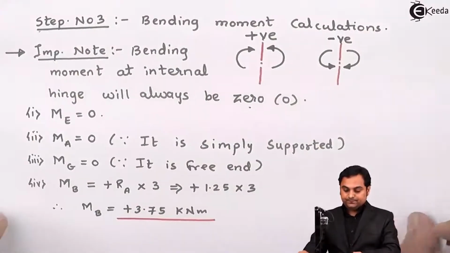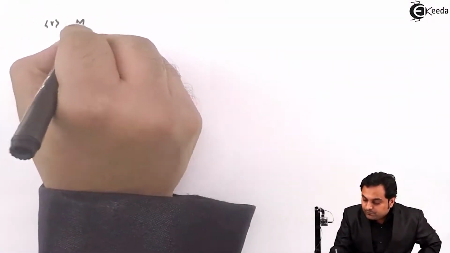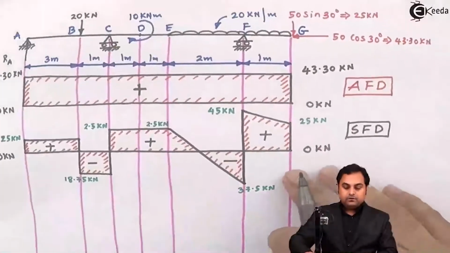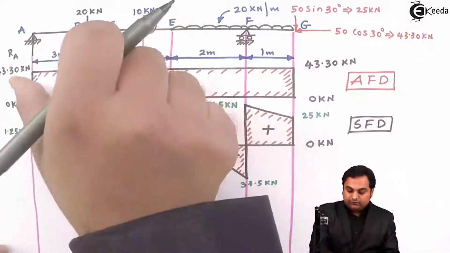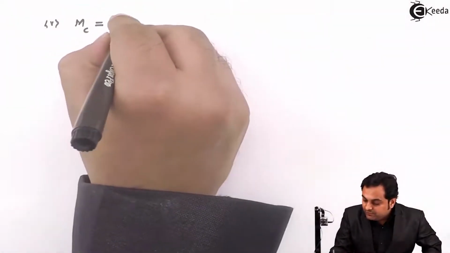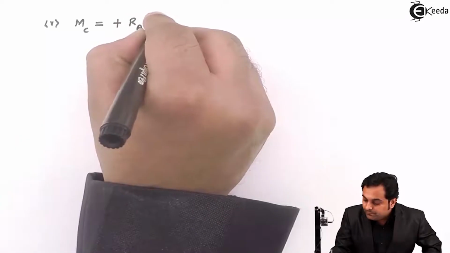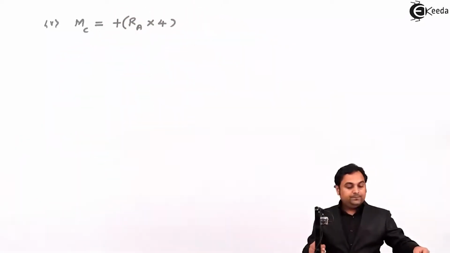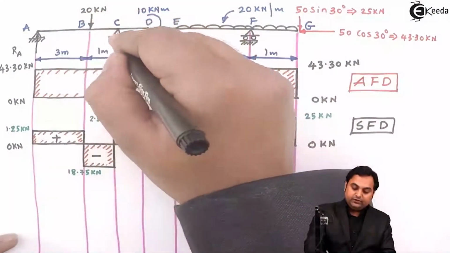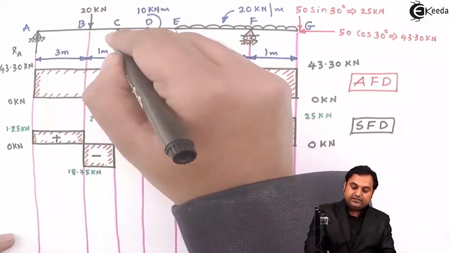Next, moment at point C, this will be equal to RA into 4 and it is clockwise. So plus RA into 4. Then this force 20 kilonewton, 20 into 1 is anti-clockwise.